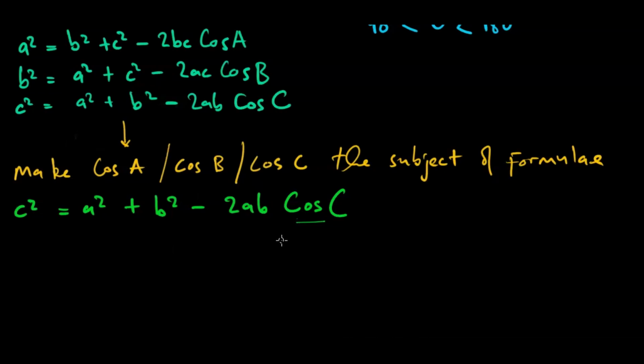So how do we make cos C the subject of formula? It's quite easy. This topic of subject of formula, if my memory serves me well, is introduced around Form 2. And it's one of the key elementary concepts which form the foundation of ordinary level.